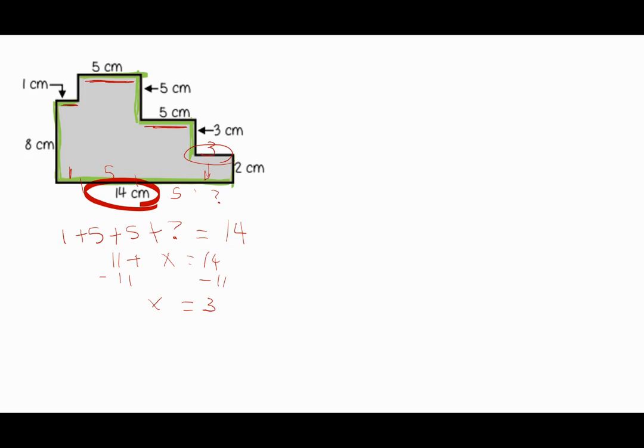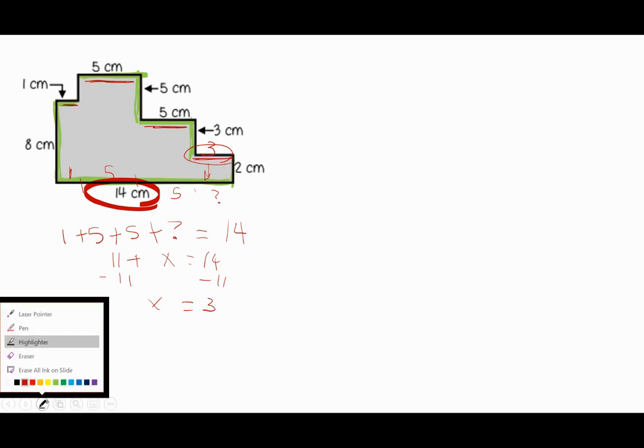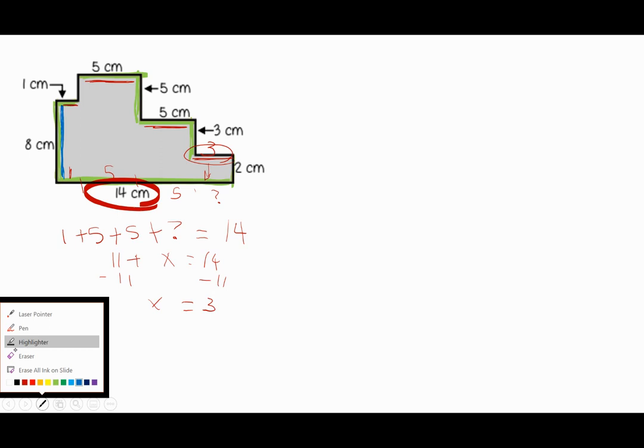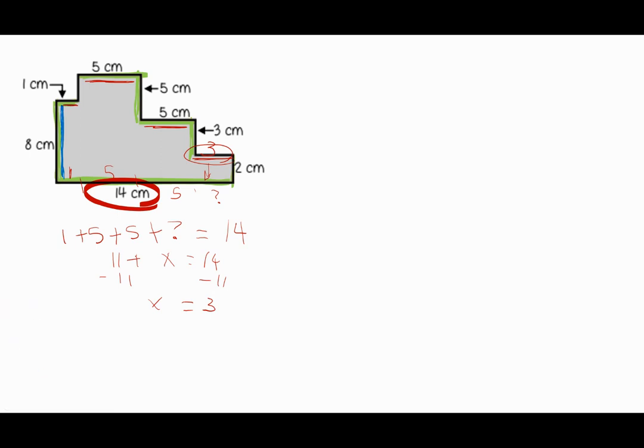This line right here is 3. We're going to do the same thing on the other side, using a different color, a darker color, blue. Here we don't have a total. On this side we have 8, and 8 right here, and then we have our unknown.